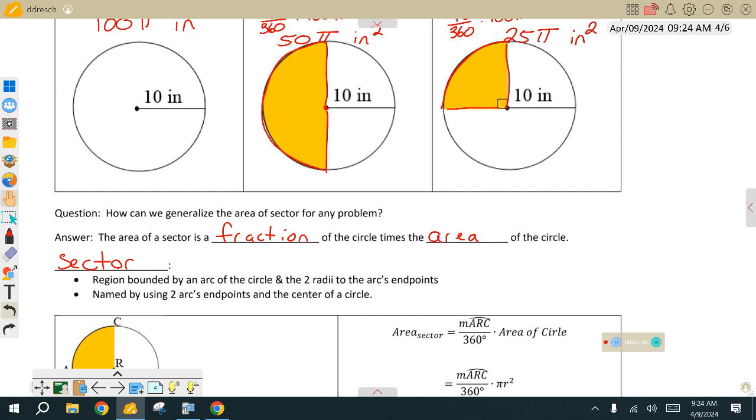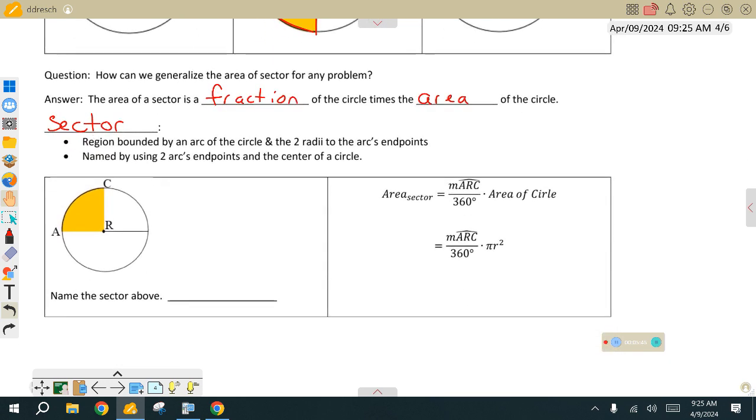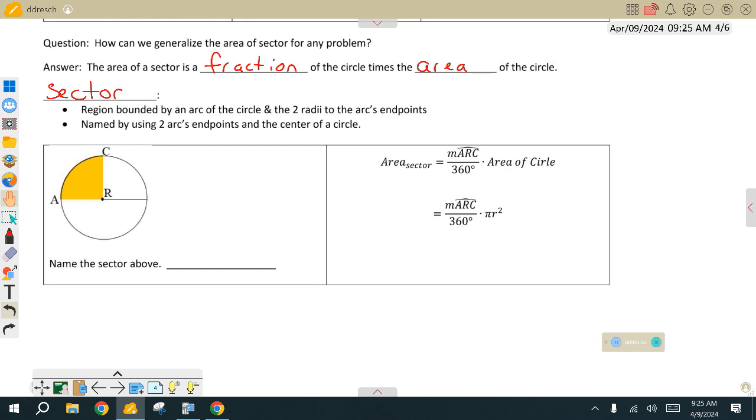Sectors can be made out of minor arcs, major arcs, semicircles, all of those. We name a sector by using the two arc's endpoints and then the center. So naming that right above, we'll name that as sector ARC.